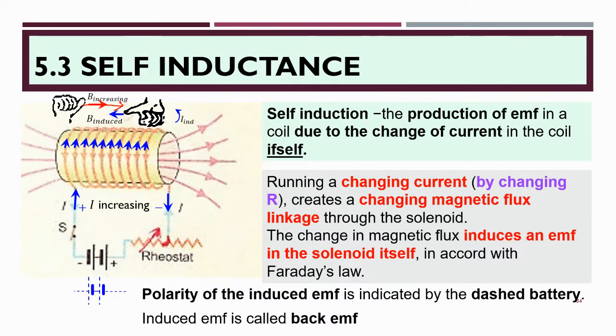So according to Lenz's law, the induced current will flow in the direction to oppose the change in the magnetic flux. So the direction of the magnetic field that is induced is to the left. Using your right hand grip rule, your thumb points to the left, so the direction of the induced current is clockwise.